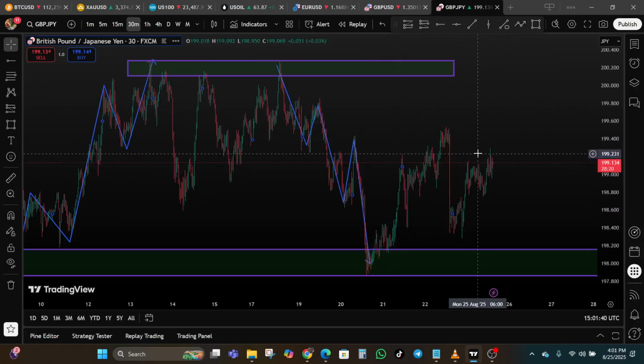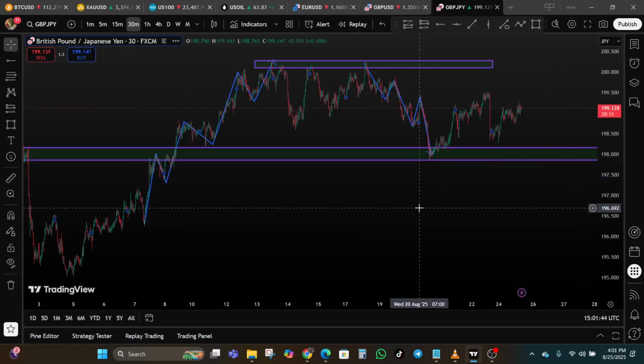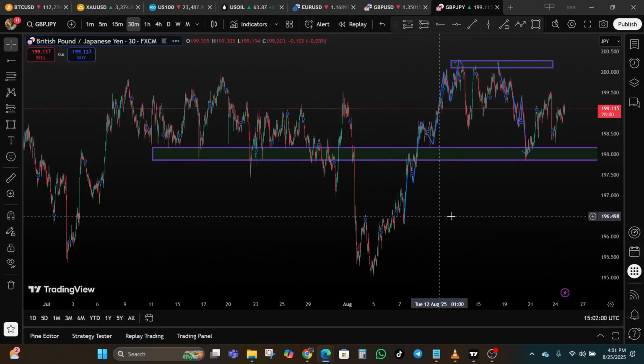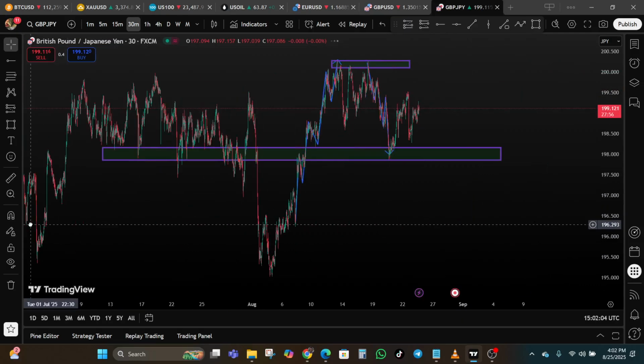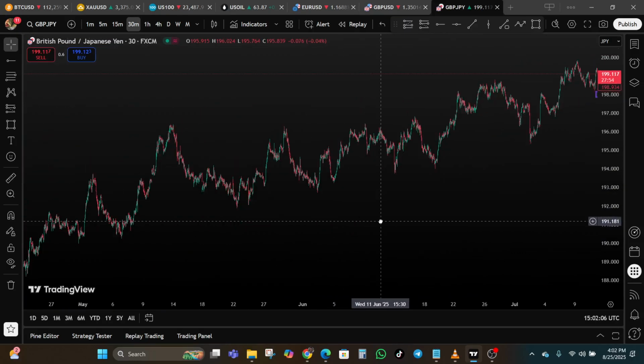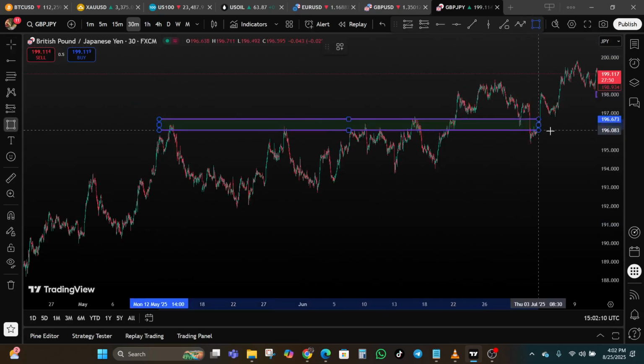Now let us talk about entry confirmation. With the M30 trading strategy, one of the most effective entry techniques is waiting for a breakout of a key level followed by a retest. For example, let's use a very practical example now. If you look closely, we have a resistance zone here, right?